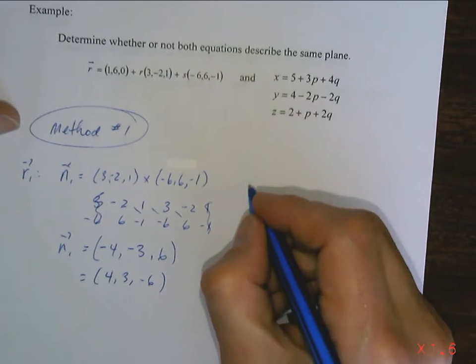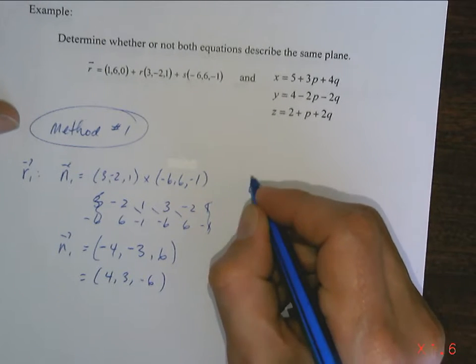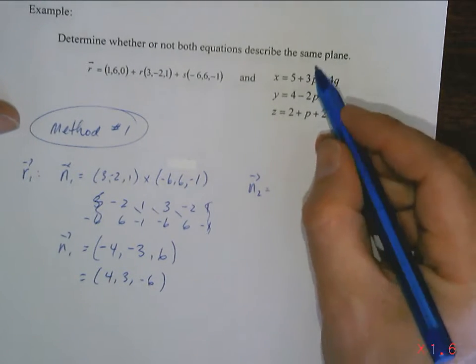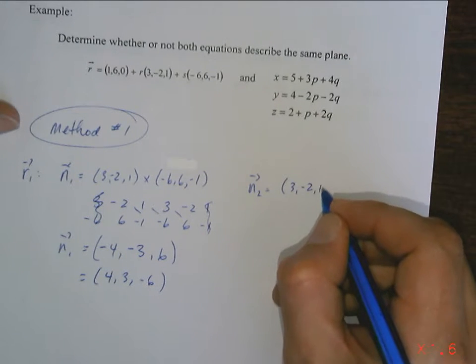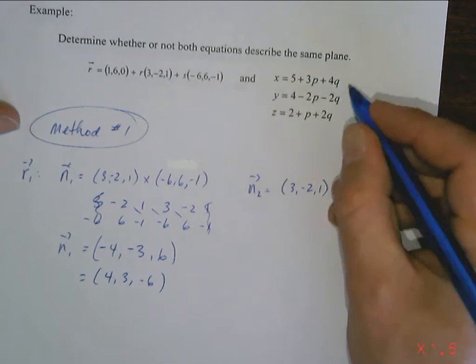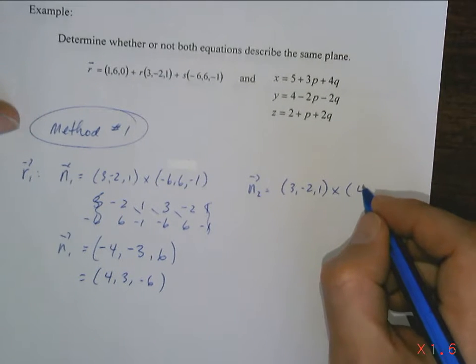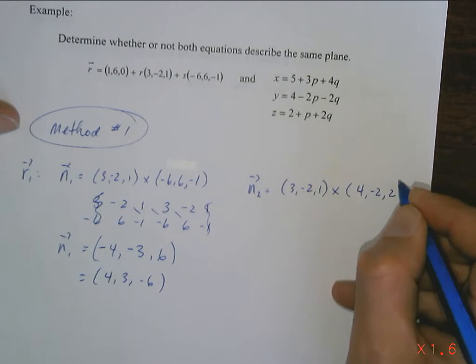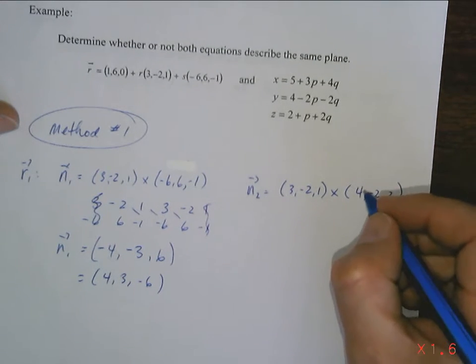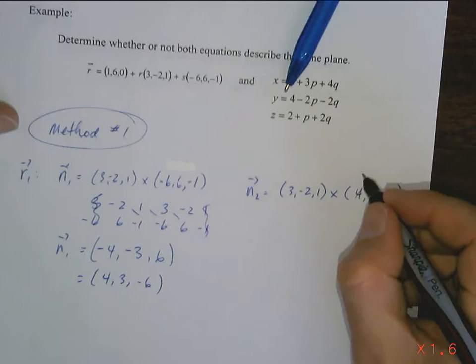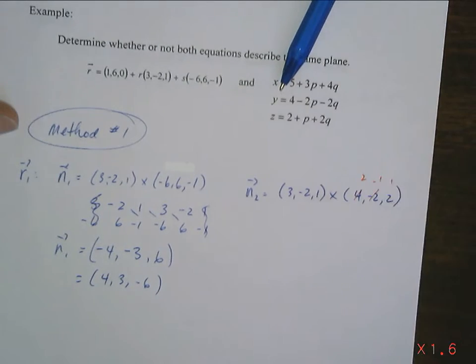Let's find the normal for the second one. Well, I got to be able to pick out the direction vectors. The first direction vector is (3, -2, 1), and it's going to be crossed with the second direction vector, which is (4, -2, 2). This could be reduced. Don't think I care. Well, do I care? All right, I care. Let's change it to (2, -1, 1).